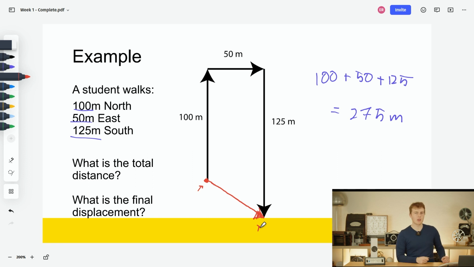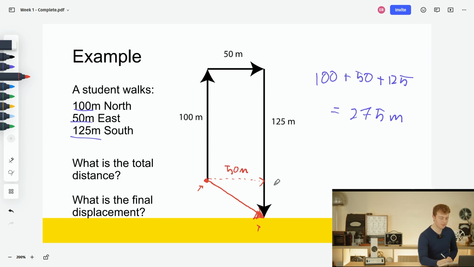But instead, we're going to cheat a little, because I drew us a nice geometric shape. We can realize that this is 50 meters, because that makes a nice rectangle. And this down here is 25 meters, because this is 100, this is 125, and this part here is also 100, because that's a rectangle.